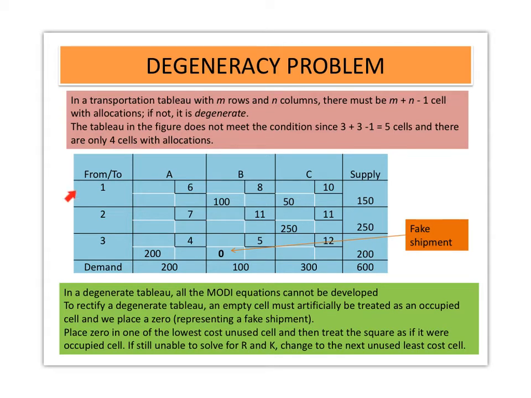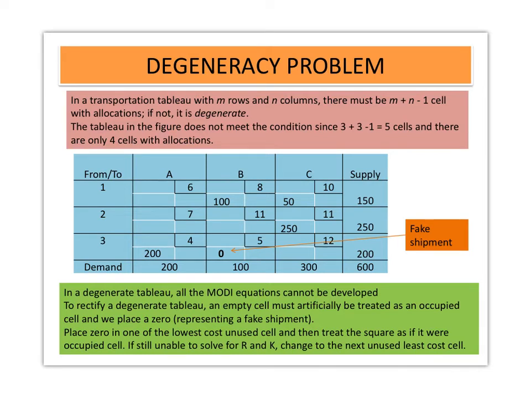Now R1 is already set to 0, so we actually have 5 variables: R2, R3, K1, K2, and K3. That's why we need 5 occupied cells to solve the 5 unknowns.